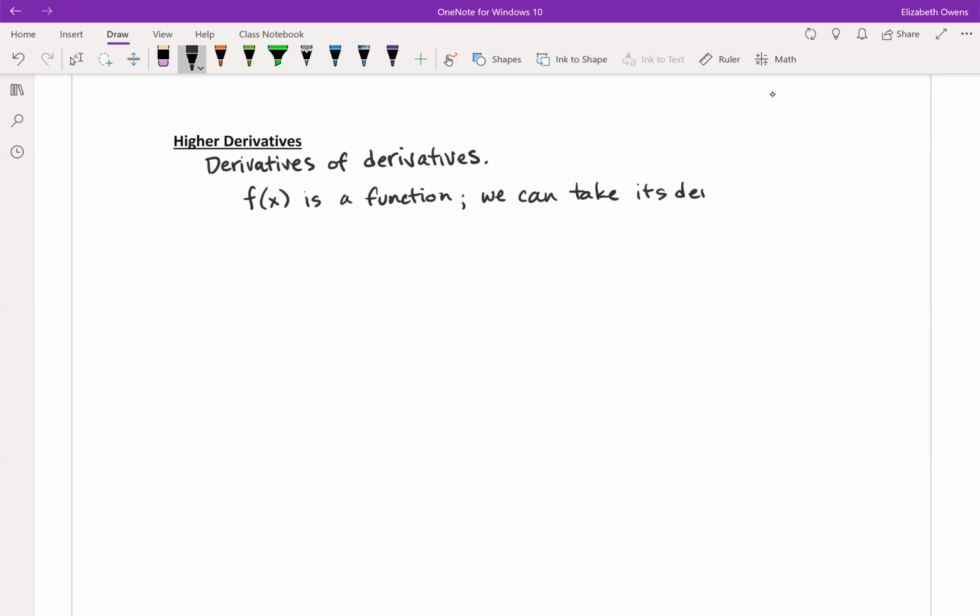So we can take its derivative to get a new function called f prime of x, okay? And yes, f prime of x is a function itself. And we can take the derivative of that function. So we can take its derivative too.